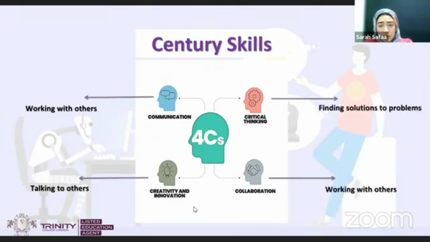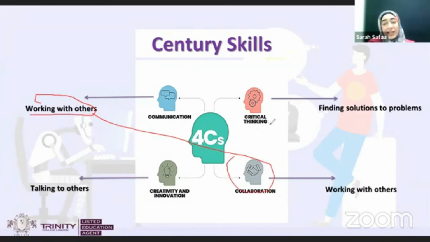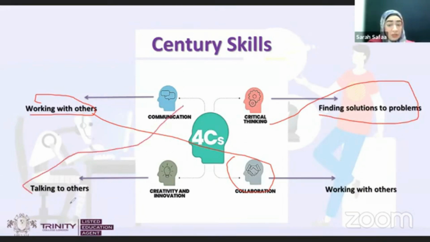I'm going to share with you, and let's match them together. So working with each other is what? Collaboration for sure. Critical thinking, yes, finding solutions for problems. Communication, talking together. And collaboration, working together.